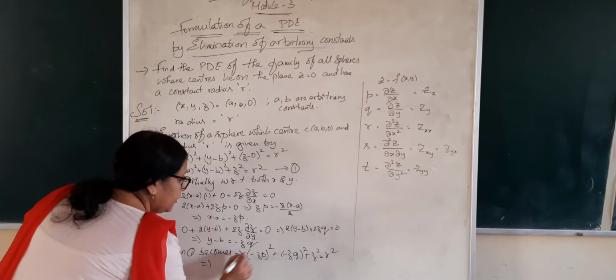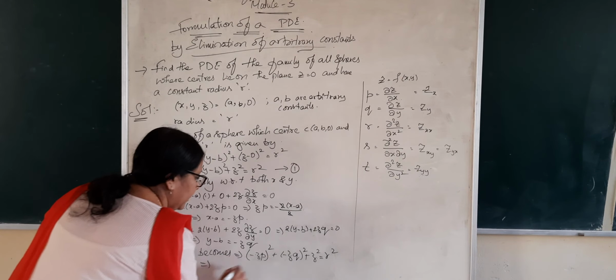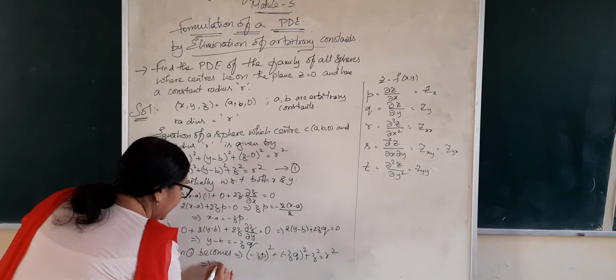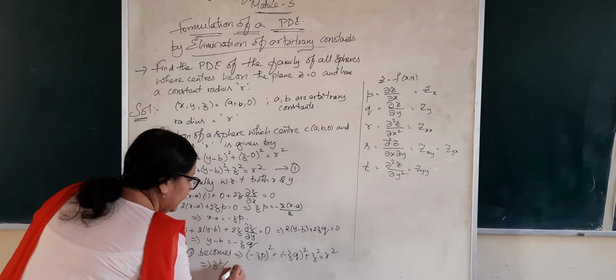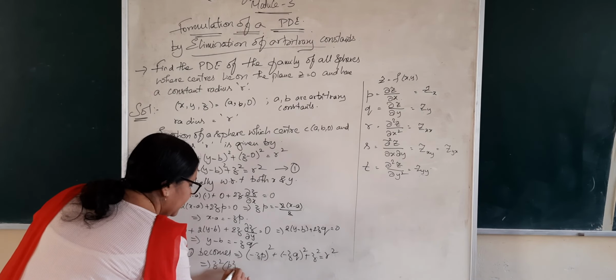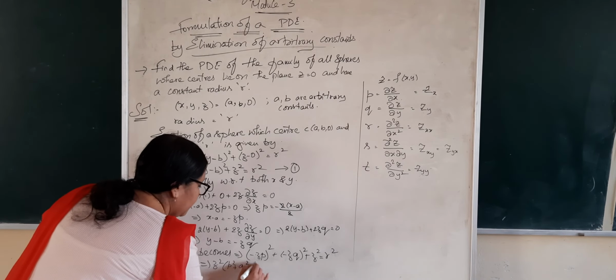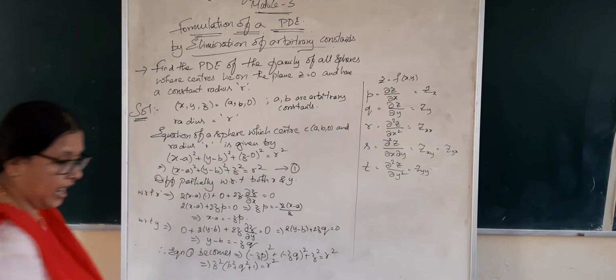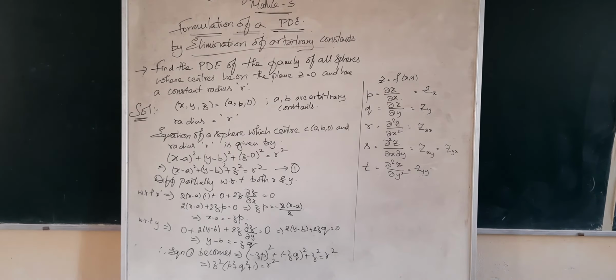Simplify ahead, you get a z square common in every single term. Take out the z square, we get p square plus q square plus 1 is equal to r square. So z square is taken down.